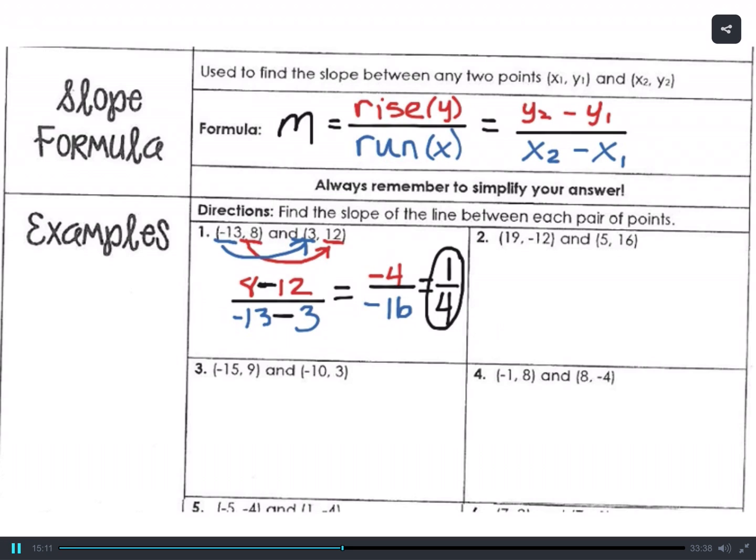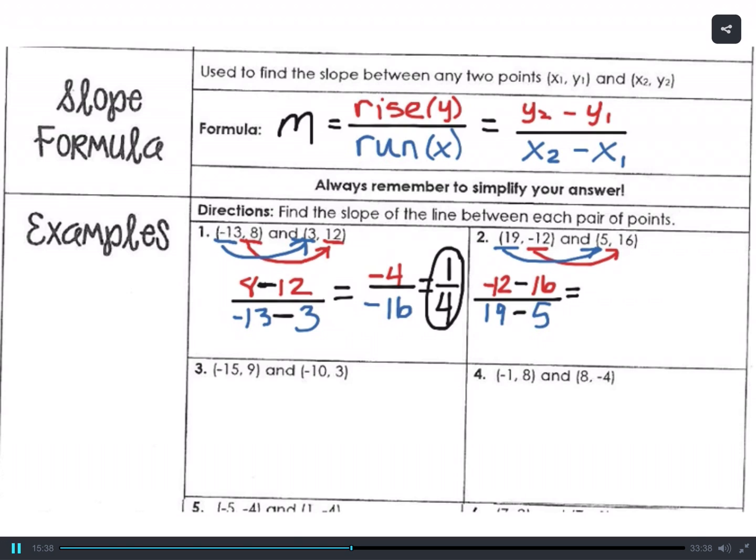Okay, let's do another one. So, red for my y values, negative 12 minus 16, and 19 minus 5. Okay, the minus here in the middle is a part of the formula.